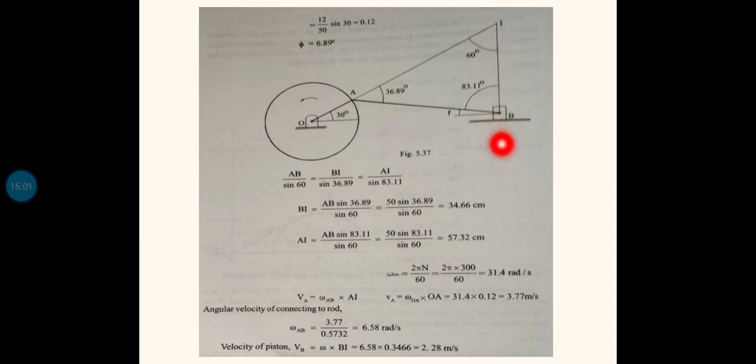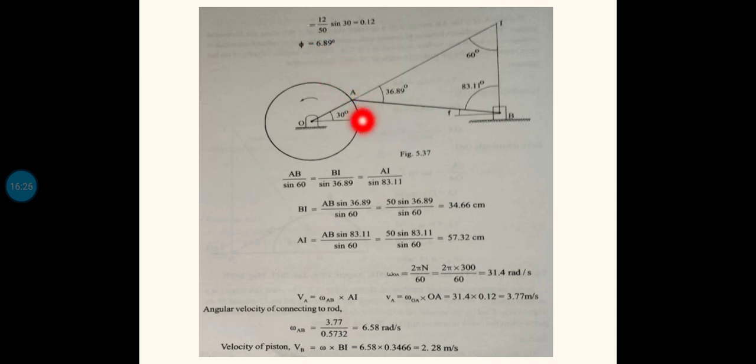Now one more velocity direction we have to identify. For that I am taking the velocity of the point A. See, first consider this link OA. Actually A will be moving along the circumference of this circle. So at every point, the linear velocity of the point A will be tangential to this circle, since it is moving along a circle. So VA will always be tangential to this circle.